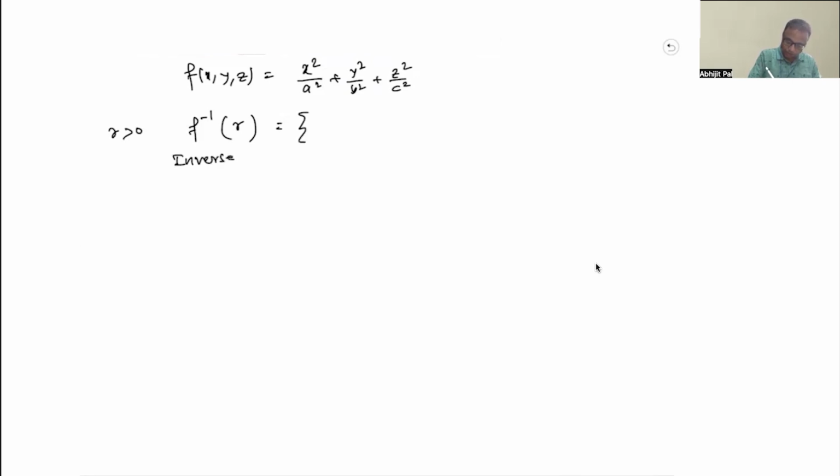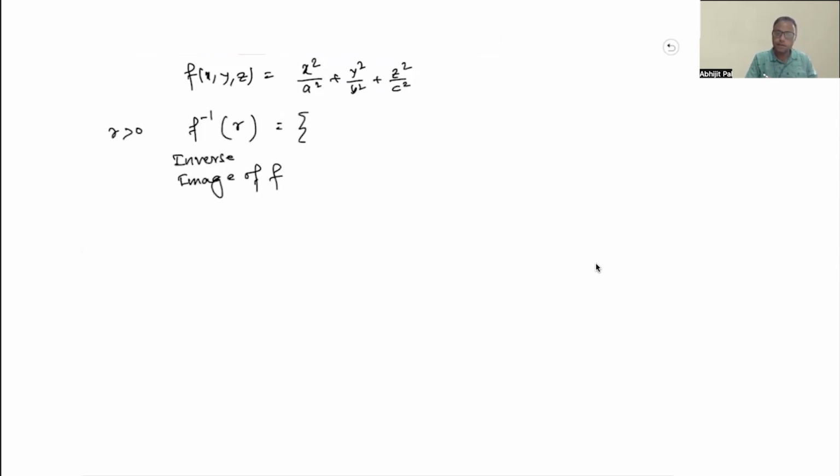So now if I take the inverse image of any positive number r greater than 0, note that f inverse is just a notation.